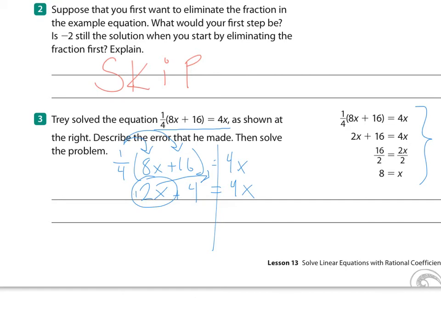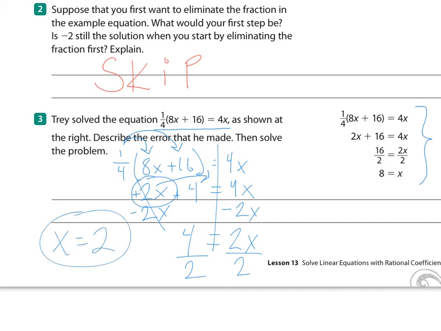So this is a positive 2x, so the opposite is a negative 2x, or subtracting 2x. On the left-hand side, it cancels out. We're just left with 4 being equal to 4x minus 2x, which is just 2x. Last step, divide by 2, divide by 2. And 4 divided by 2 turns into a pretty decent number, 2, which is our right answer.